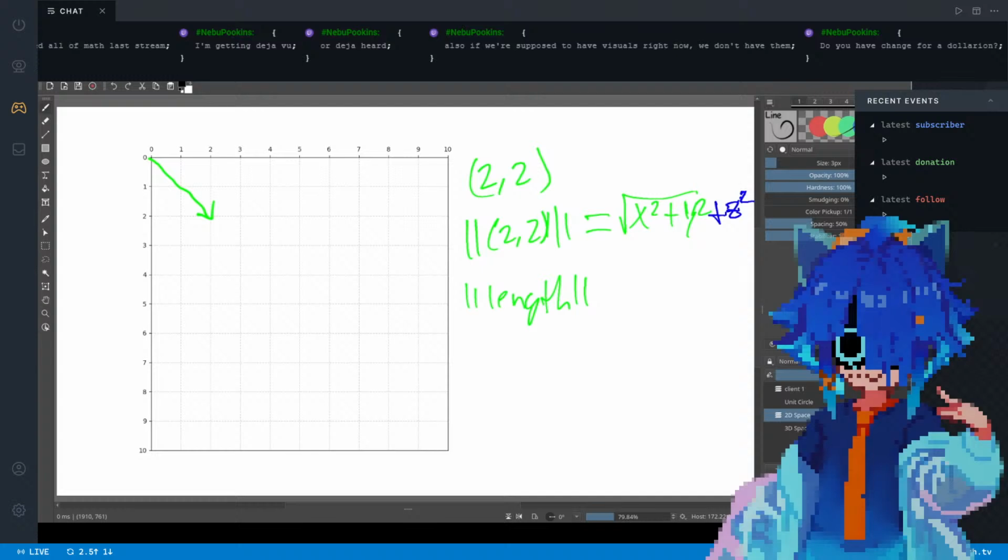So in our case here, the square root of 2 squared is 4, plus 2 squared is 4.